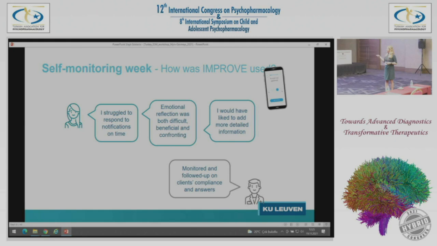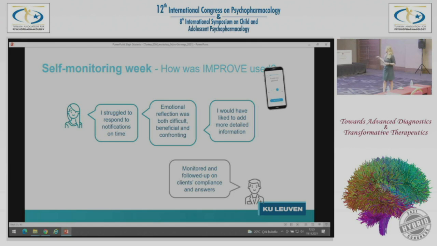So people said emotional reflection was both difficult, beneficial, and confronting. Difficult for people to respond to sometimes, beneficial to see what your patterns are, how that evolves, but in a way sometimes confronting as well.